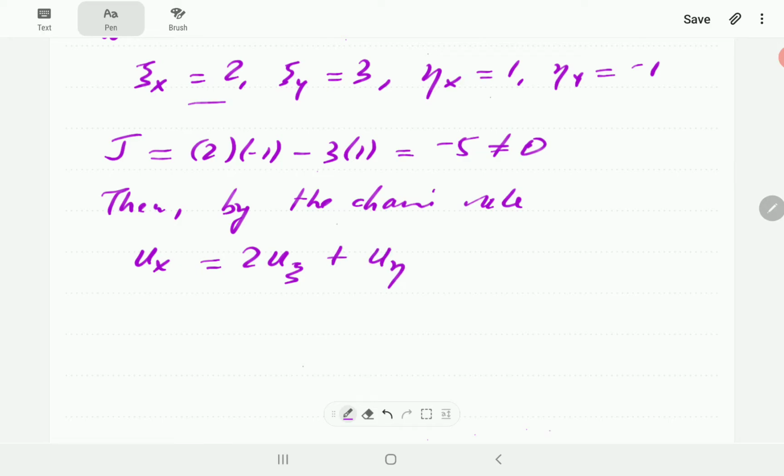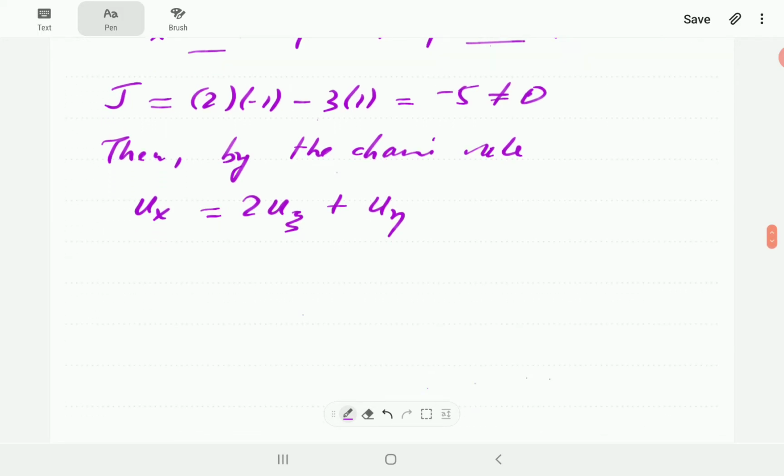This is going to be plus eta, that is 1 times u_eta. And then from our previous video, we said the u_xx coefficients are going to be binomial like.